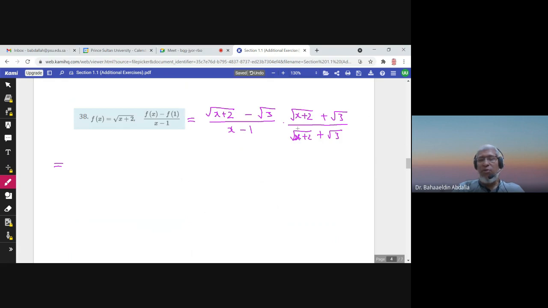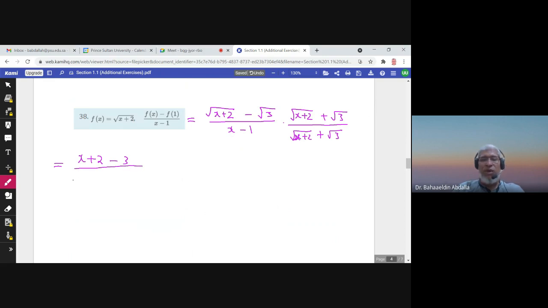Now, how to multiply two fractions? You multiply the numerator times the numerator. And if you multiply a minus b times a plus b, you get a square minus b square. So when you square this term, you get x plus 2. And when you square this term, you get 3.